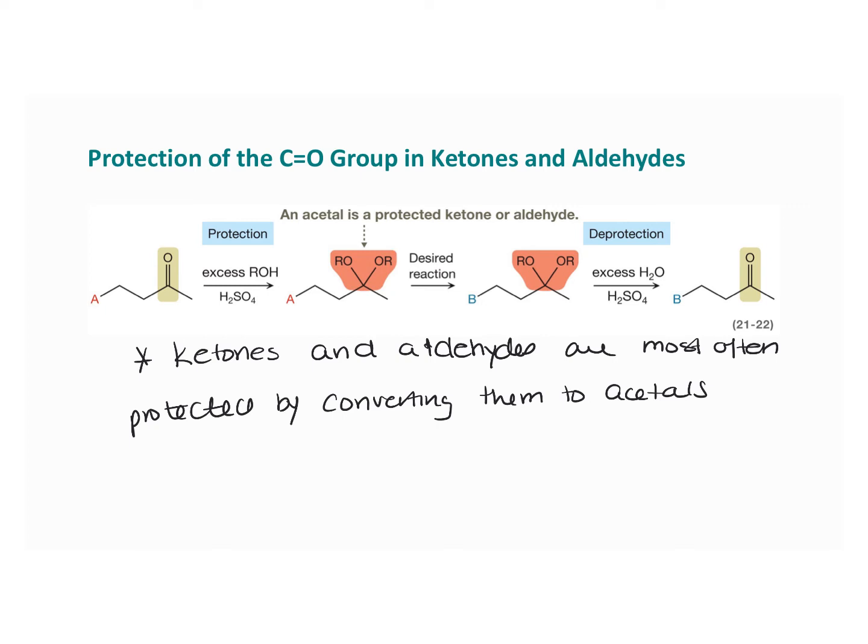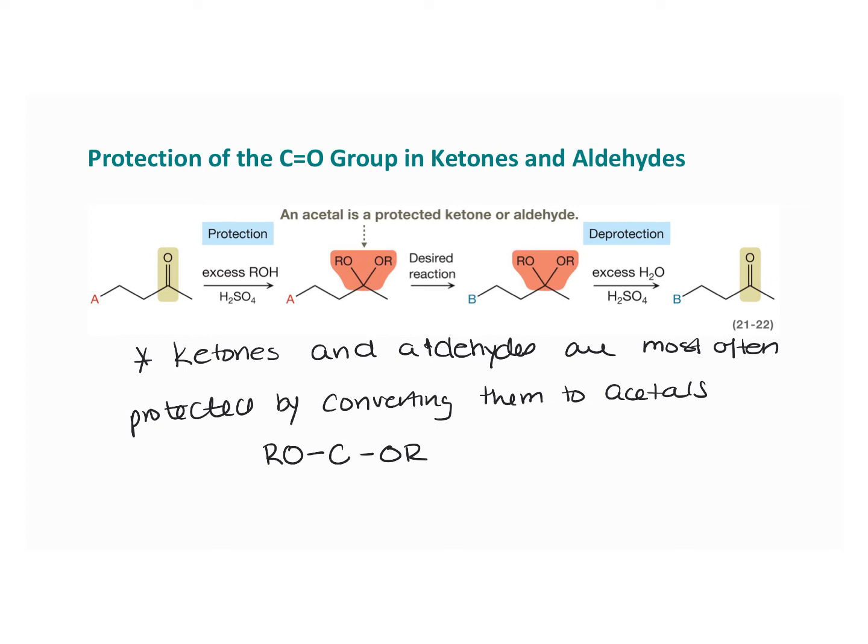Now, an acetal, I want you to remember, has the form RO, where we have a carbon and then another OR. So we've got these carbon-oxygen bonds. So that carbon's involved in two C-O-C groups, and this resembles an ether, okay?